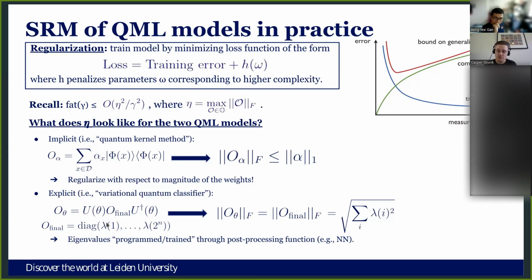So you want the post-processing of the measurement outcomes to train the eigenvalues. You say that the circuit trains the eigenvectors, and the post-processing neural network trains the eigenvalues. That's one way of looking at what happens if you implement that process. And you want these to not be very large in magnitude.